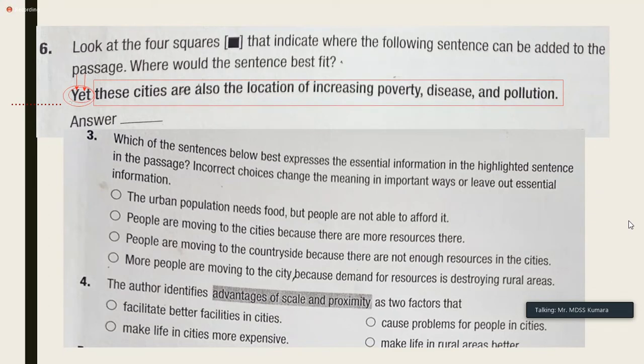That means the previous sentence, the sentence before this, should give something different from this sentence. In other words, the sentence before that should normally give something positive about urbanization. Then only this becomes surprising.